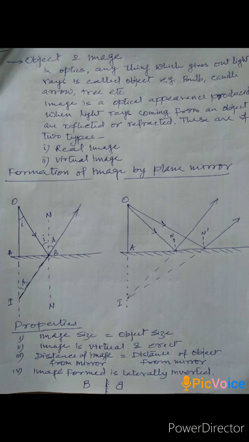Number two, the size of the image is equal to the size of the object. Next point, the image is virtual and erect because the light rays after reflection appear to meet. And the next, the image formed is laterally inverted. So these are some properties of the image formed by a plane mirror.